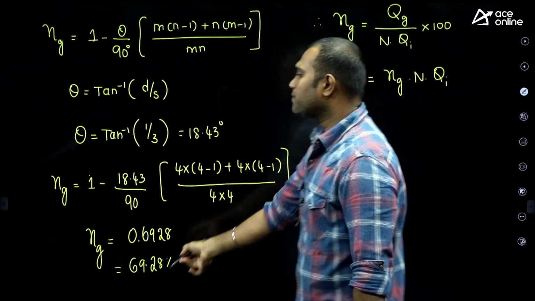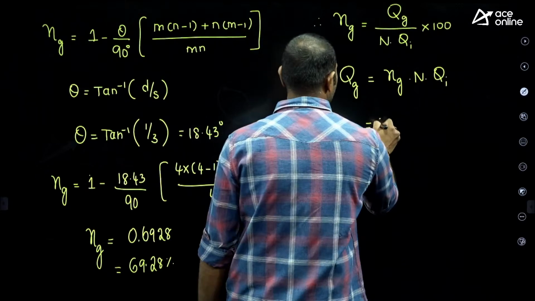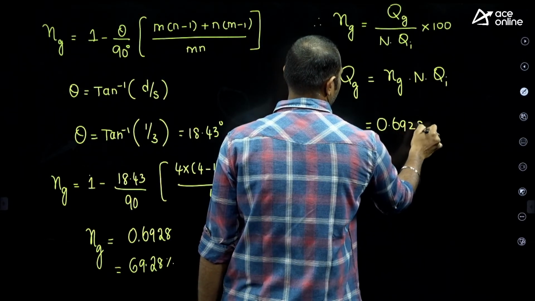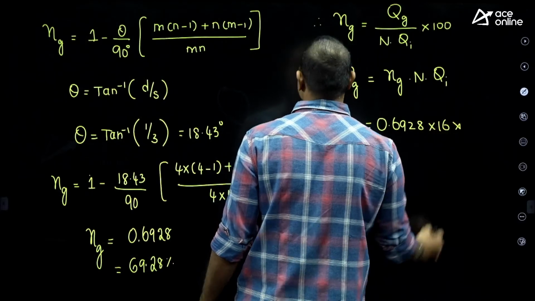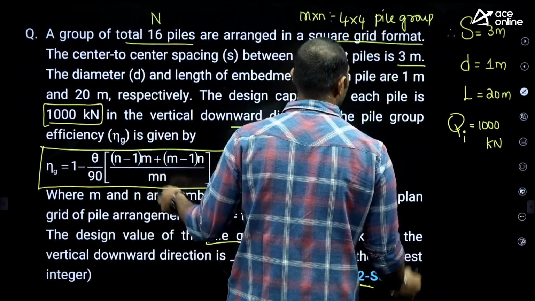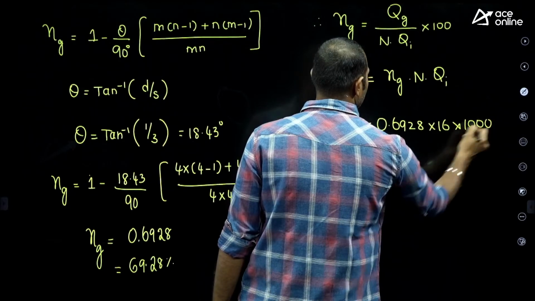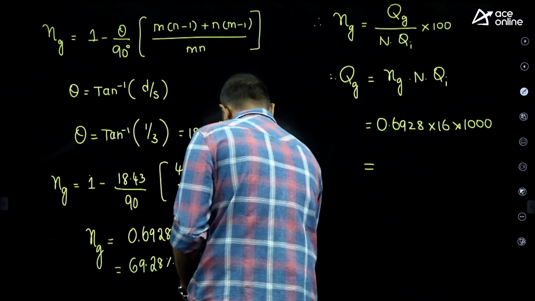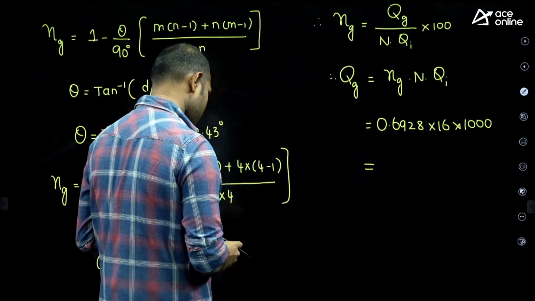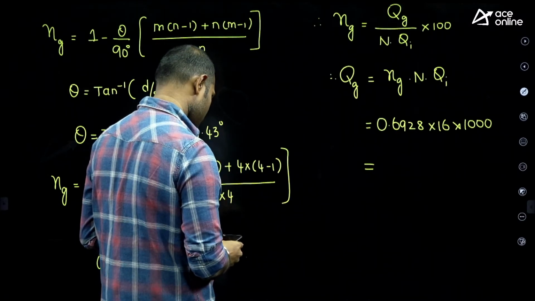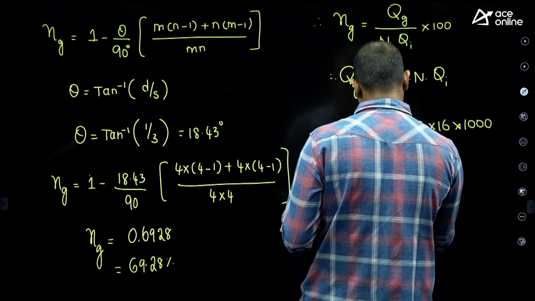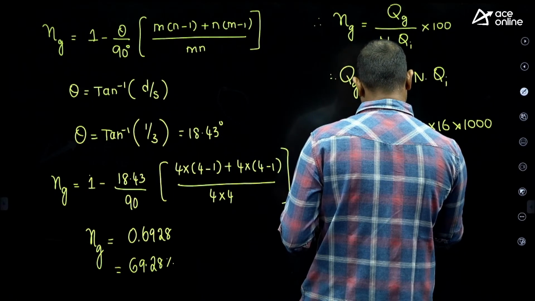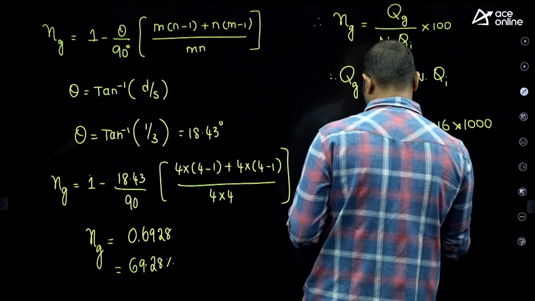What is the efficiency? The efficiency is 0.6928, into the total number of piles, which is 16 piles, and into Qi, which is 1000. So substitute and you will get 11,085.33.